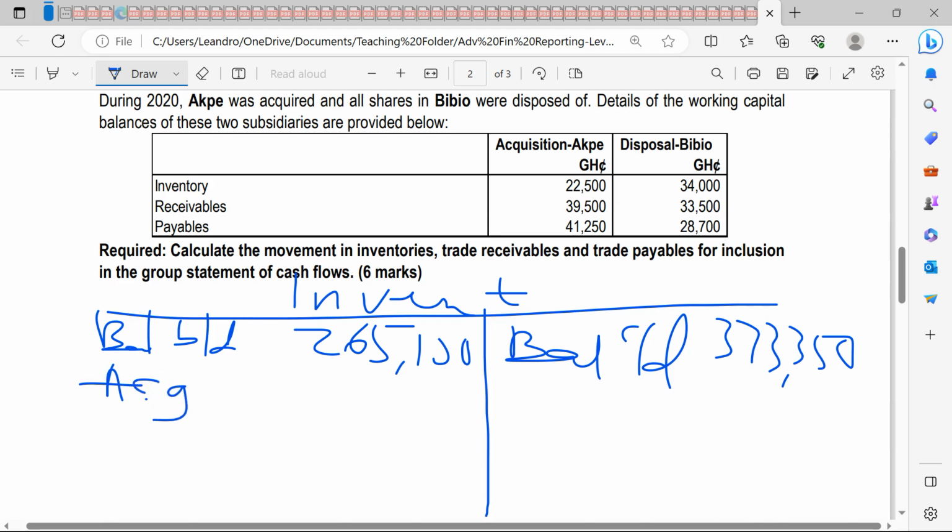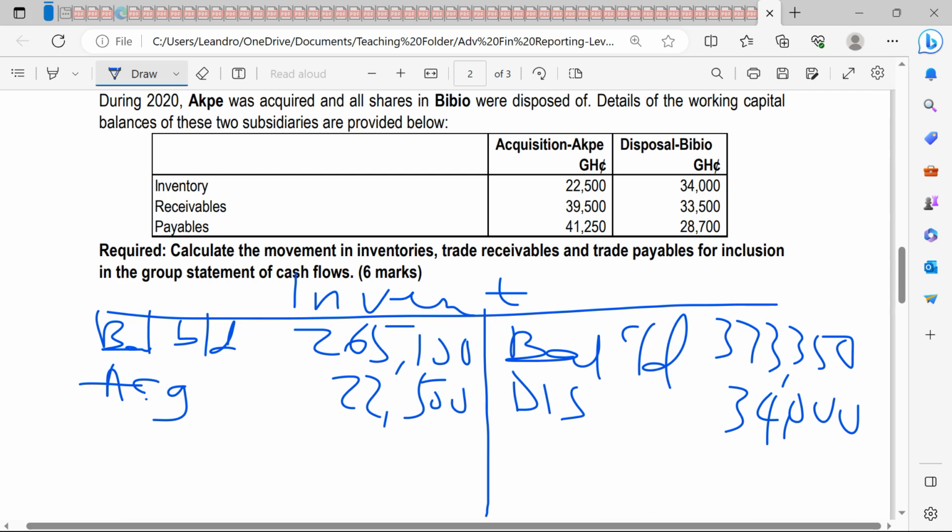The inventory will be an increase. So let's say acquisition will bring in 22,500, and your disposal will take out 34,000.